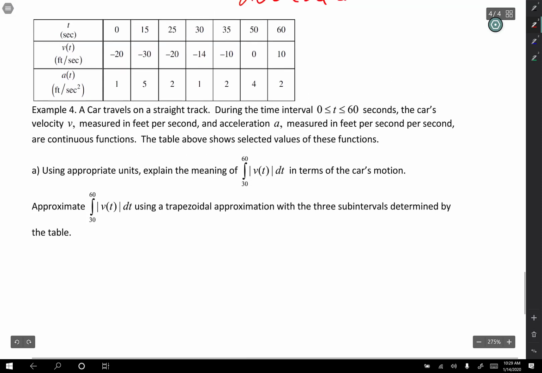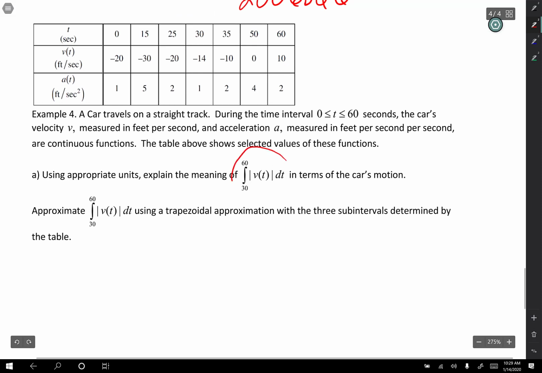So let's see. This means area under the curve, right? All right, so if I were to plot the absolute value of negative 20, negative 30, negative 20, negative 14. Oh, actually not those, just from 30 to 60. Negative 14, negative 10, 0, and 10. So I have feet per second times second. What does that give me?